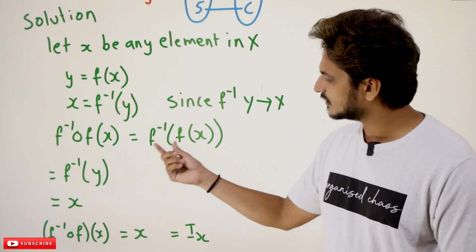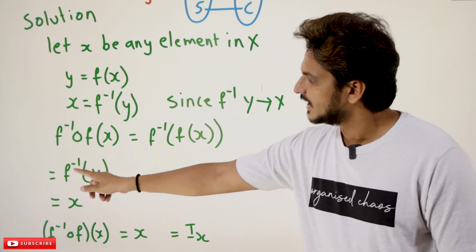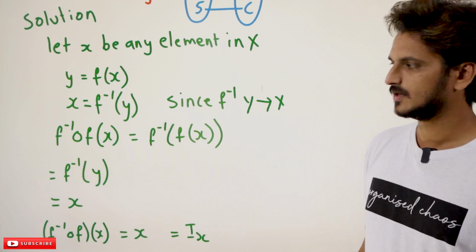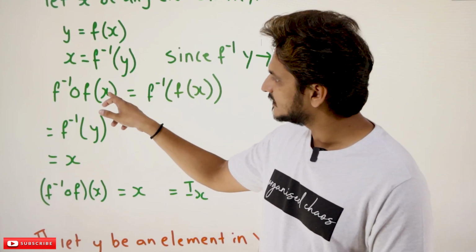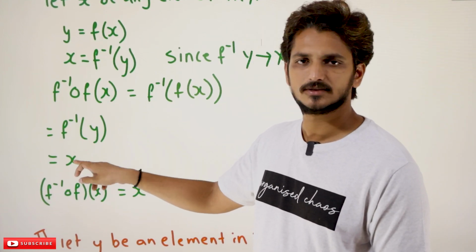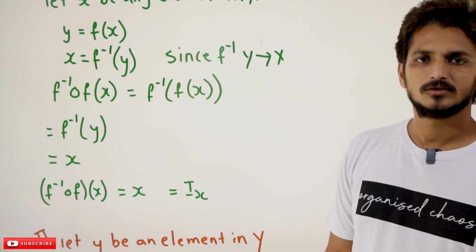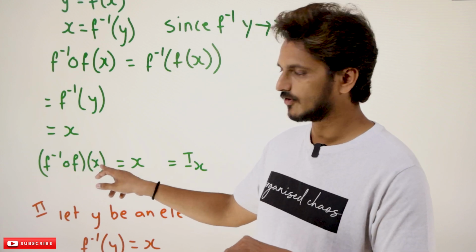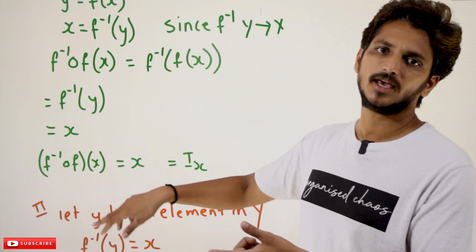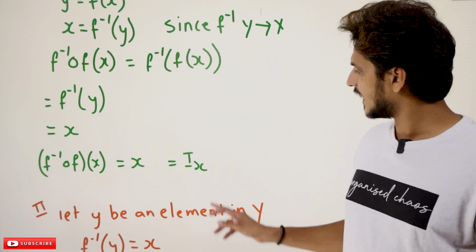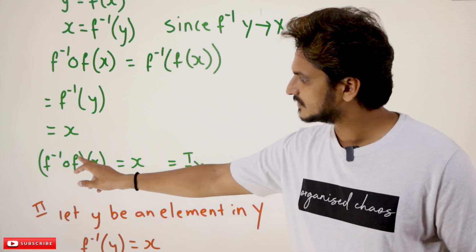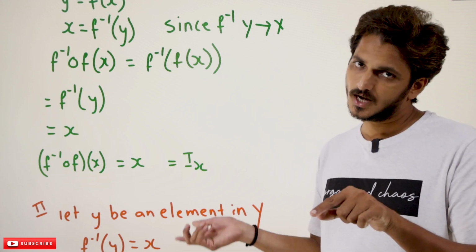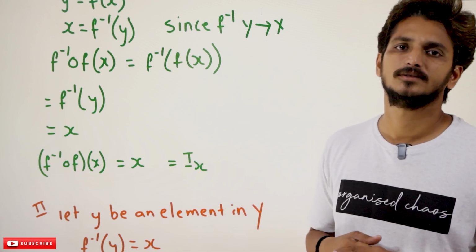So we get f inverse of y, and f inverse of y means x. So we started with input x and the output we got is x. So f inverse circle f of x equals x again, which means it is an identity function. f inverse circle f is an identity function that starts from x and gets the same element x.